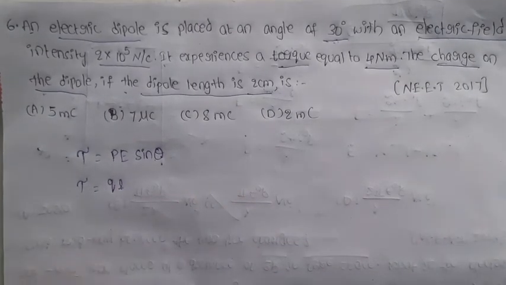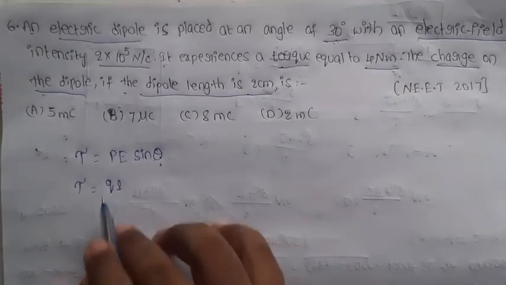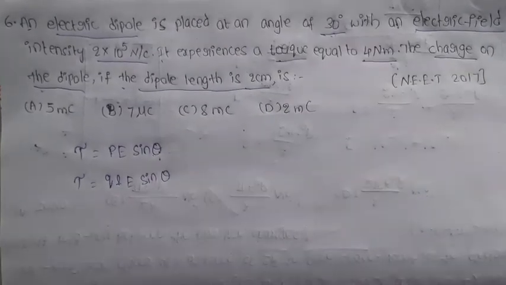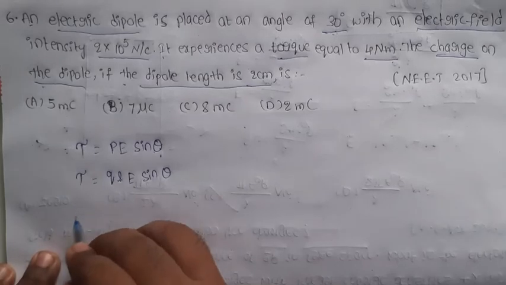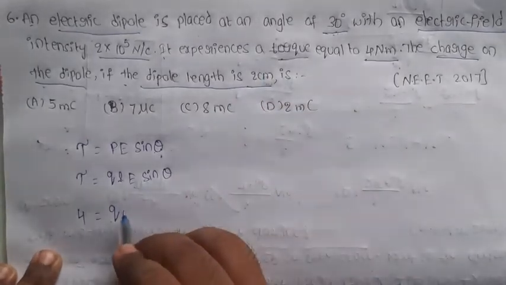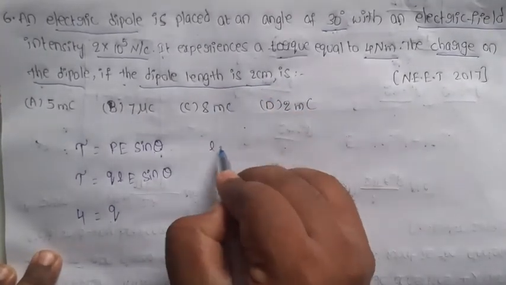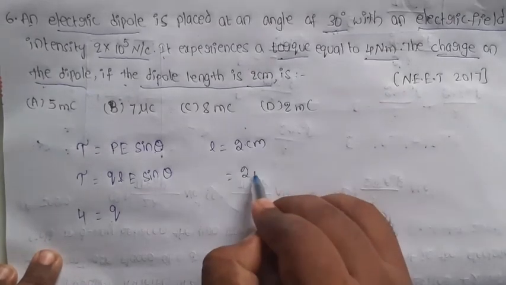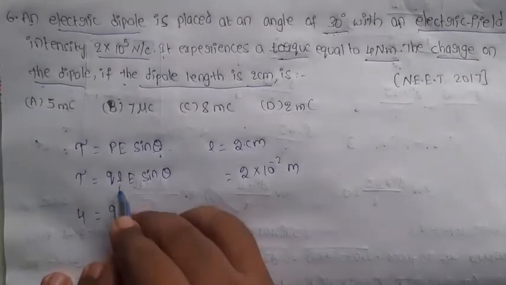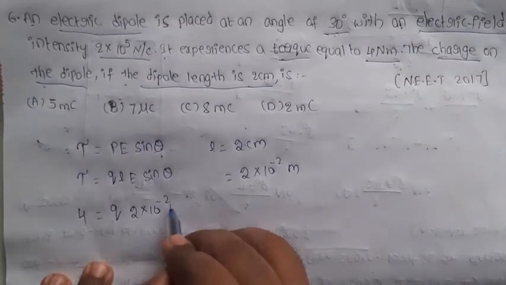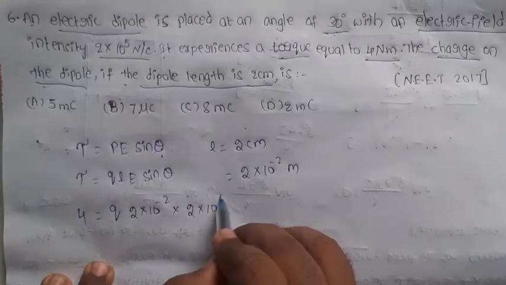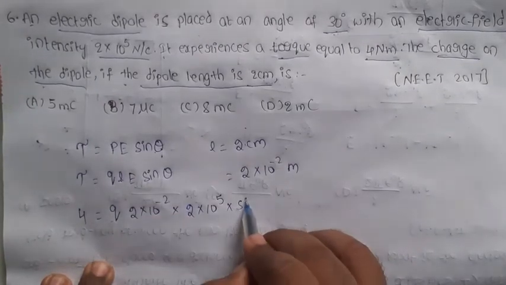Now substitute the values: torque tau equals 4, charge we are going to find, length is 2 centimeter, which I convert into meters, 2 into 10 to the power of minus 2 meter, E is 2 into 10 to the power of 5, and sin 30.